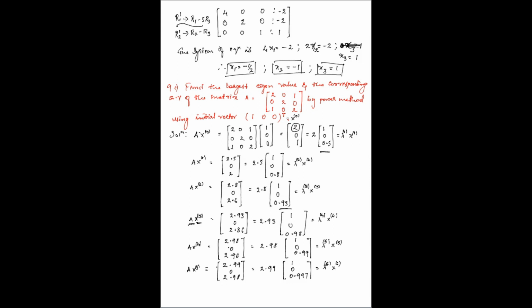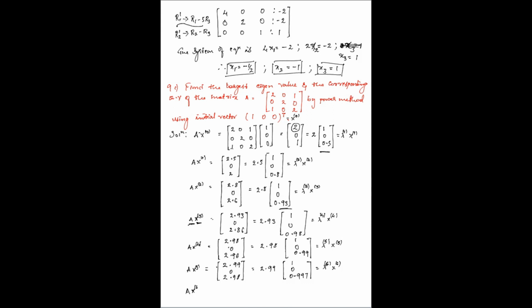When I observe the values of lambda 5 and lambda 6, it is already approaching, but I am not going to leave that part. I am going with one more iteration to see whether the value I am going to get is approximate or not.